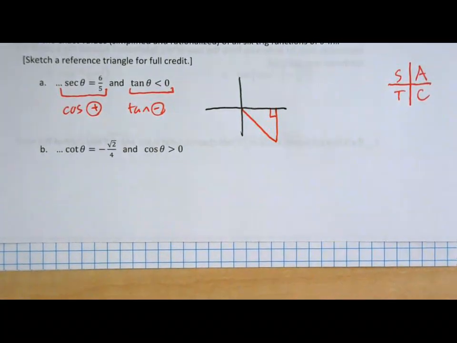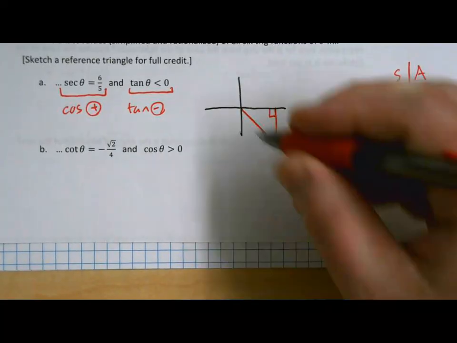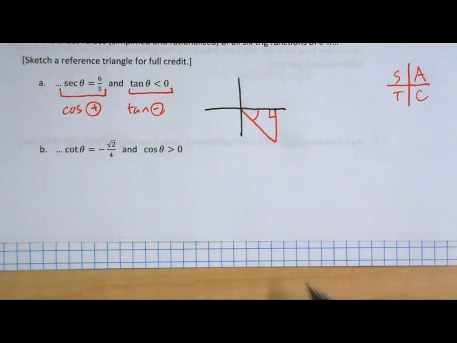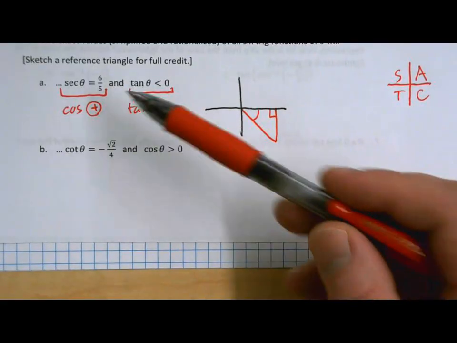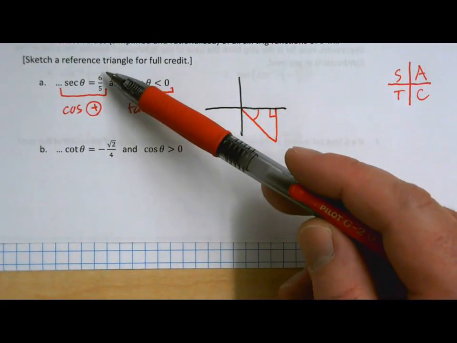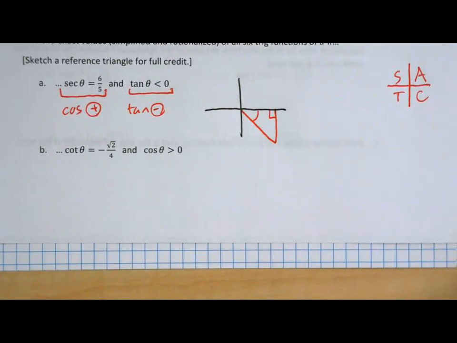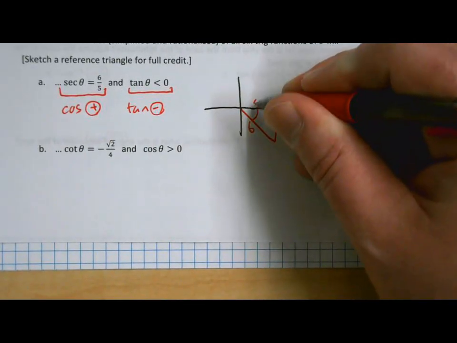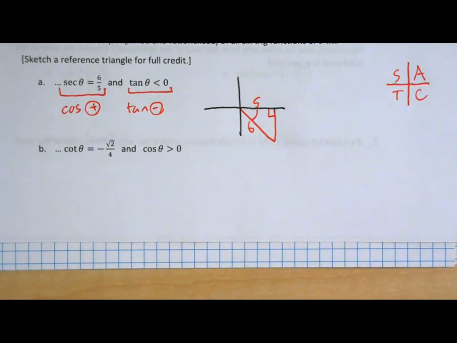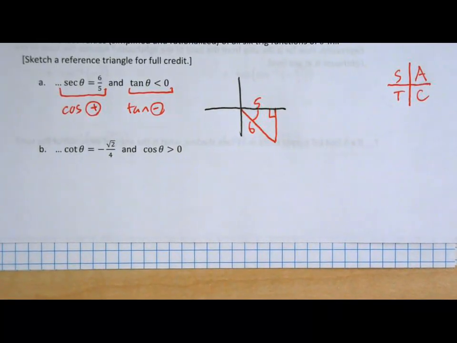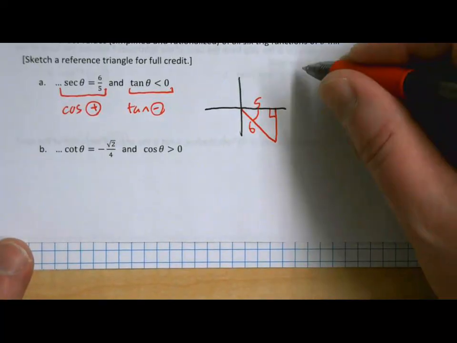And then I'm going to put that 6 and that 5 onto my triangle based on the reference triangle. If secant is 6 over 5, that's hypotenuse over adjacent. So 6 and 5. And then I need to find my missing side. So a little Pythagorean theorem work. I did not give you much room to do this problem.